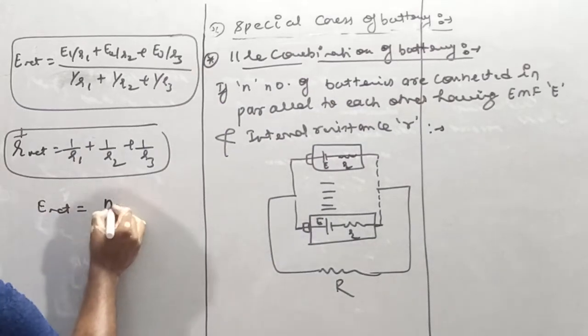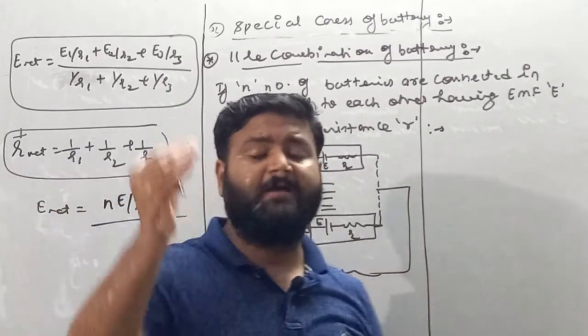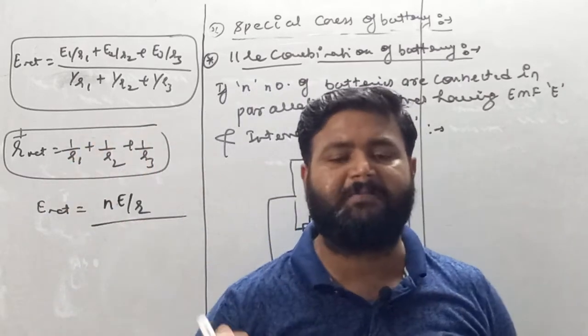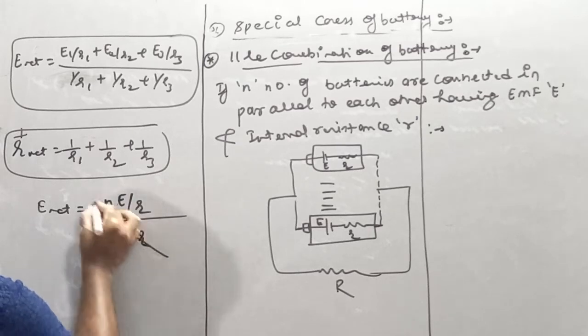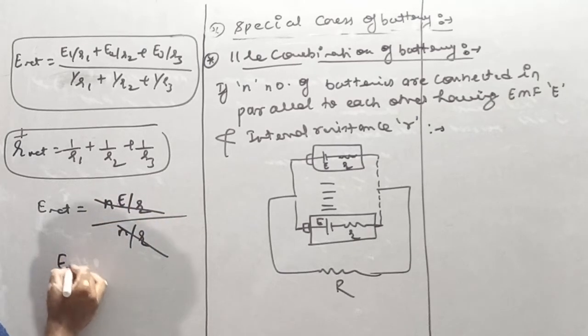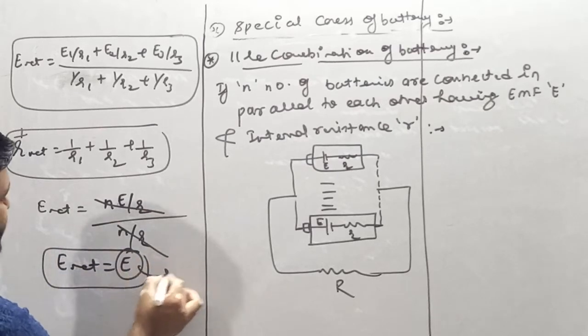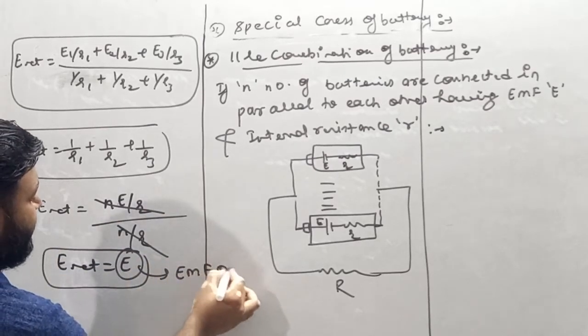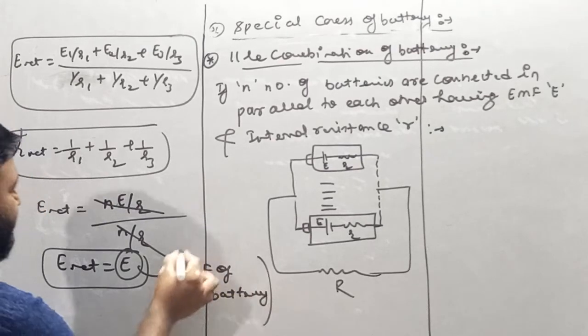So I'll write n E by R divided by 1 by R plus 1 by R plus 1 by R. It means n by R. So n by R and n by R get cancelled. E net becomes equal to, my dear student, E, and this E is nothing but the EMF of one battery.